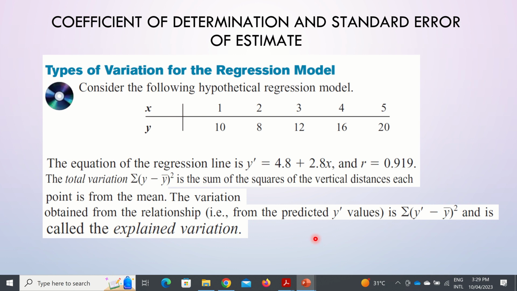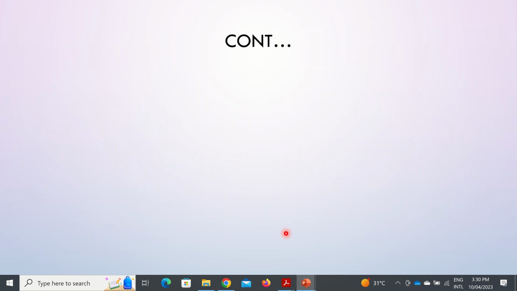In other words, we may say that y bar and y dash bar are always the same. Y bar is the mean of observed data, whereas y dash bar is the mean of predicted data. So both of them are the same. That's why for total variation and for the explained variation we are using y bar, right? Because they are the same. And this is known as total variation.